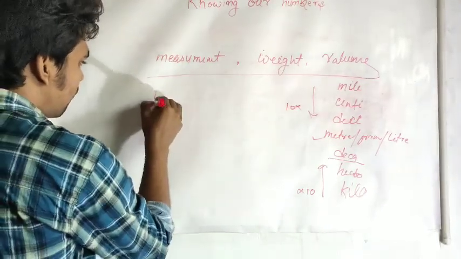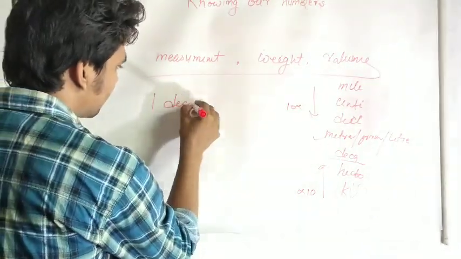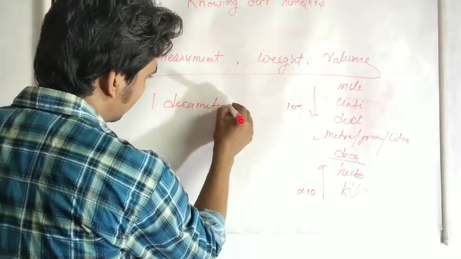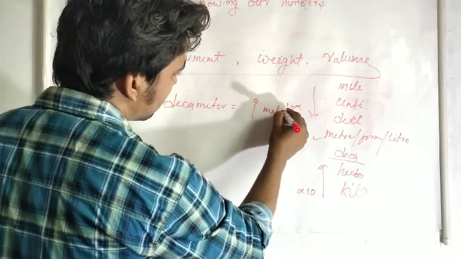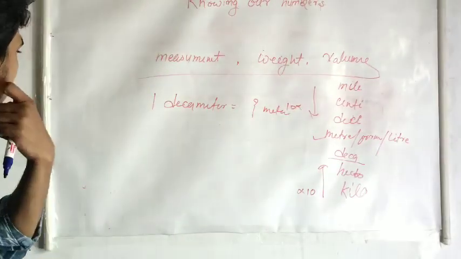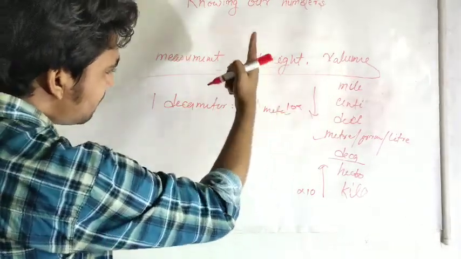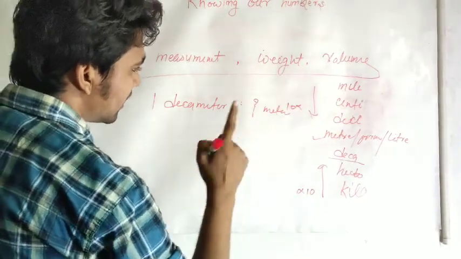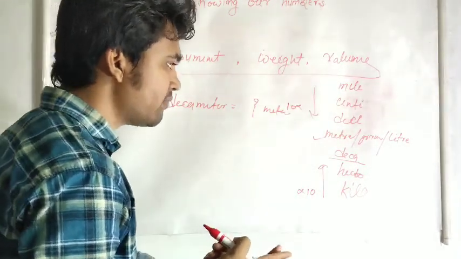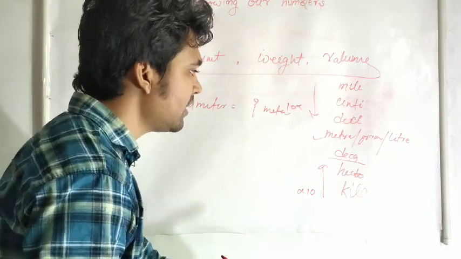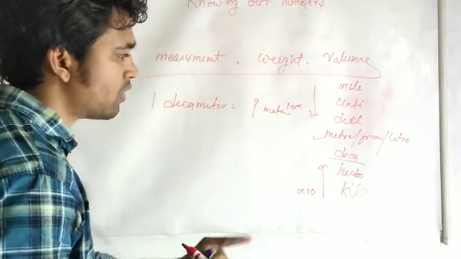What I say, 1 decameter is equal to how many meters? I have already told you, when you go up any number, there is an increase of 10 times for every one step up.